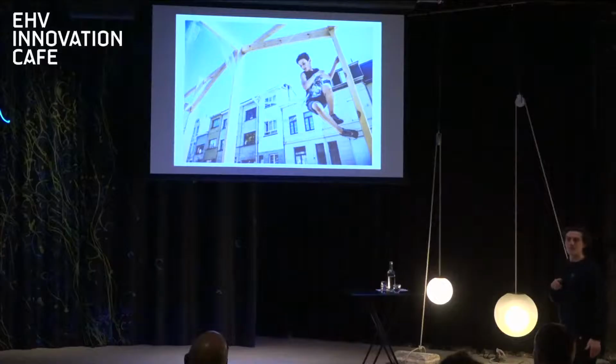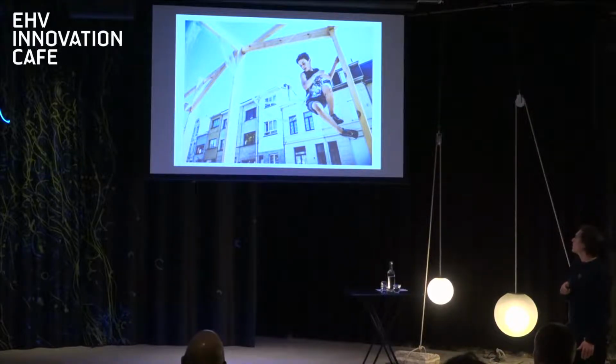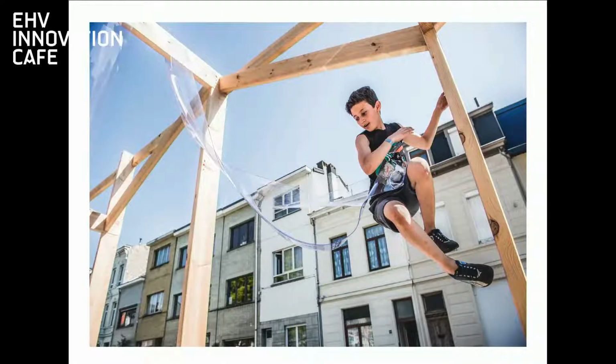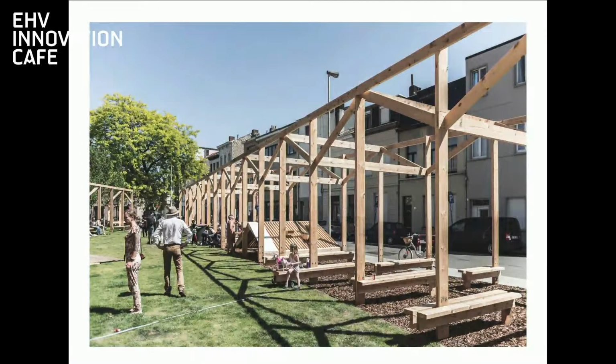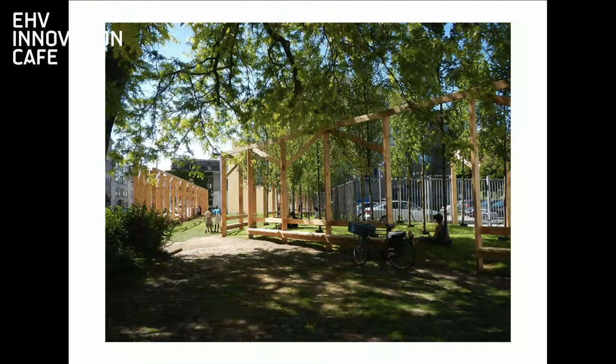So these are some pictures of how it's being used, like with ideas from the neighborhood themselves, like a swing. So that's a picture from the bigger structure where you can see how it's being used as benches and slides. This is a photo of the green chamber.